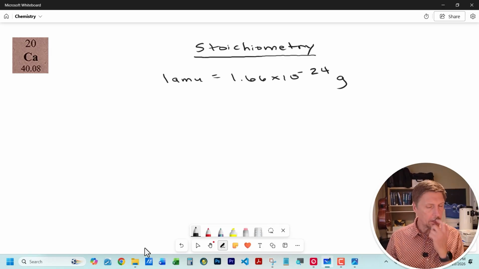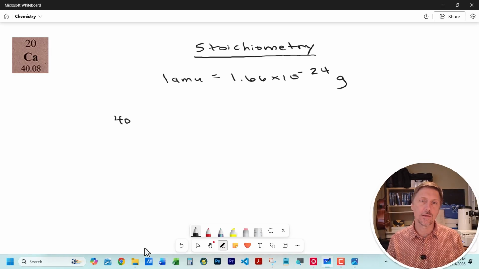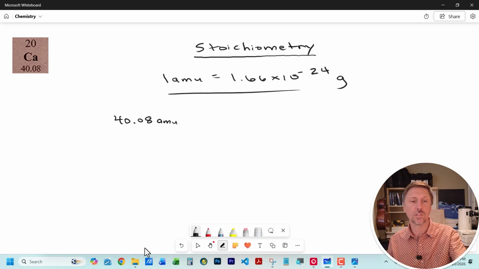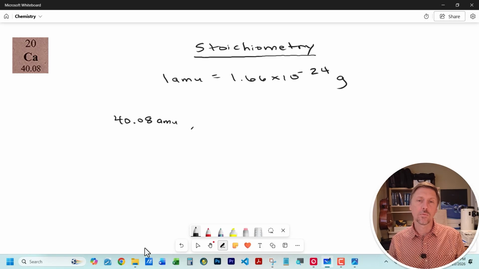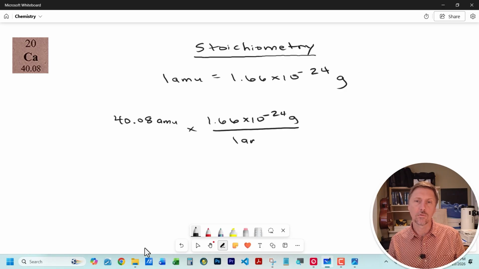And so if we think about that for a second, what that means is if I wanted to know what the mass was of a single calcium atom in grams, I would say, well, a single calcium atom has an atomic mass of 40.08 AMU. And so using this conversion relationship right here, I would multiply this times 1.66 times 10 to the negative 24 grams over 1 AMU, right?